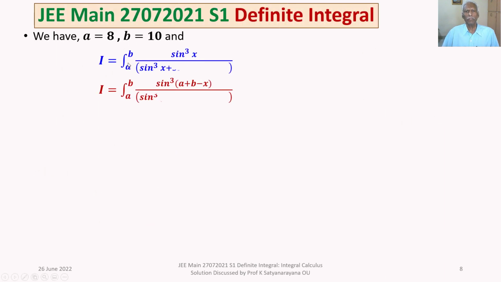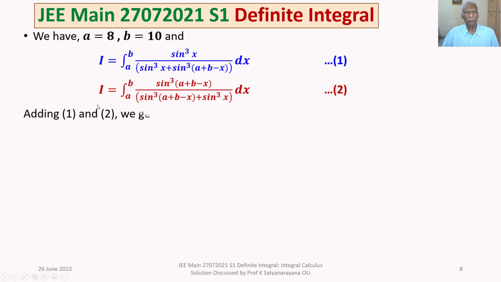We have the first equation and the second one, and we have already observed that the denominator is same. So adding we get 2I is equal to integral a to b, the denominator is same, the numerators are to be added, sine cube x plus sine cube of a plus b minus x.